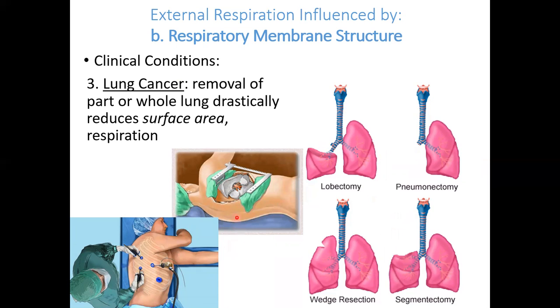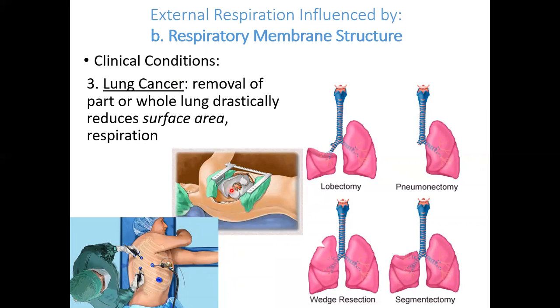And I show you these pictures because I hope we can all appreciate just how far medicine has come over the years. This here is how they used to remove lungs or do surgeries on lungs. Essentially, you have to remove the entire section of the ribs in order to access the lungs.